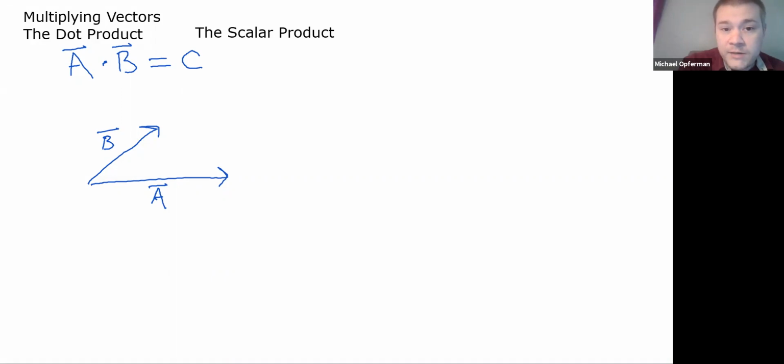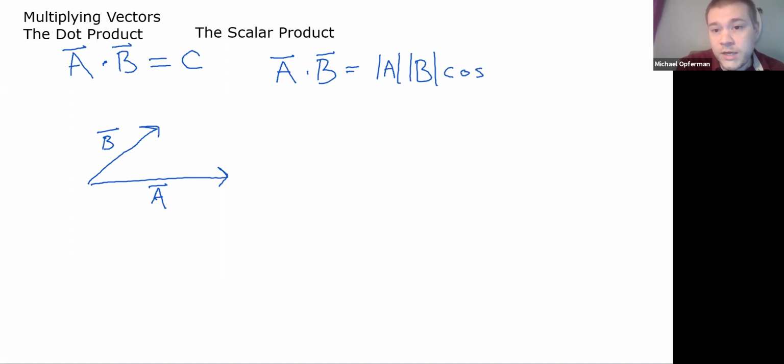If you're doing it in magnitude and direction form, the way you do it is A dotted into B, which is often how people say it, equals the magnitude of vector A times the magnitude of vector B times cosine theta, where theta is the angle between vector A and vector B. And just take special note of what that theta means.